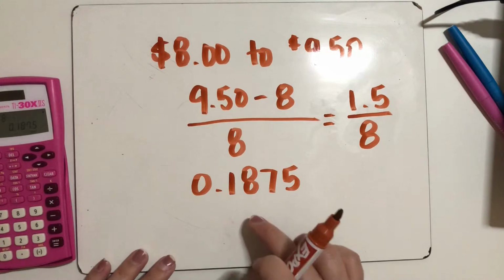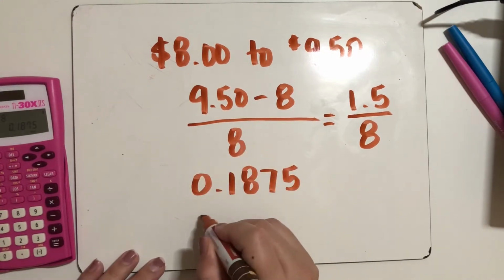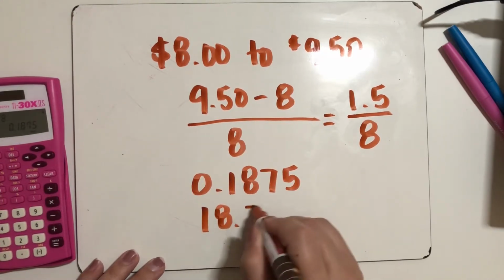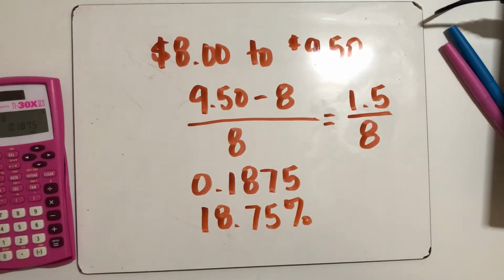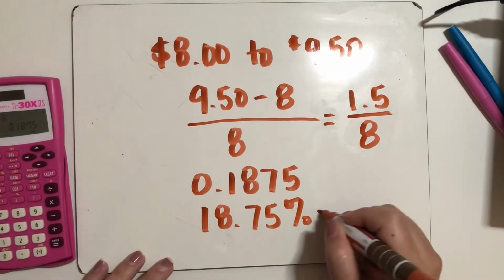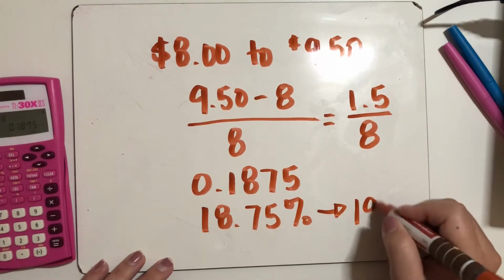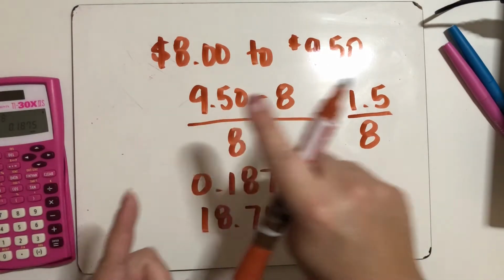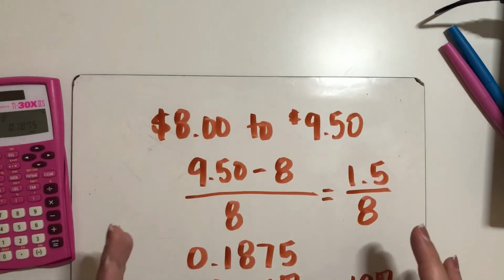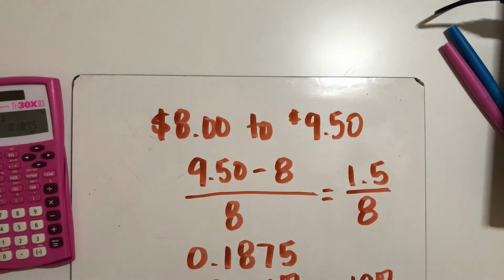So by moving it 2 to the right, I get 18.75%. Typically, you're going to want to round these percents to the nearest percent. So I can go ahead and round that to a flat 19%. So I can say that Amber's percent increase for her hourly wage is 19%. To go from $8 to $9.50 is going to be a 19% increase.